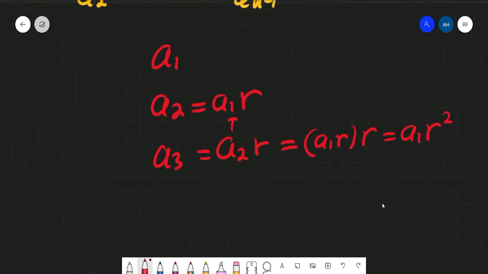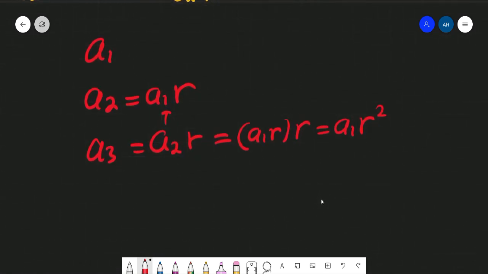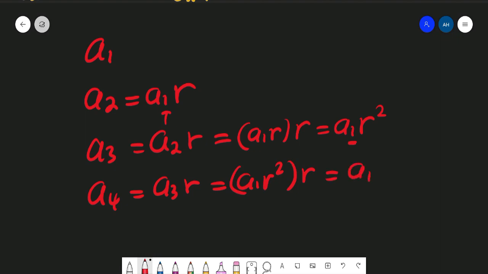Now, let's do the same process for the next pair, that is to find A4. A3 has to be multiplied by R, right? Now, A3 is equal to A1 R square, which we have to multiply by R also, so this is equal to A1 R square multiplied by R, which is R cubed, right?